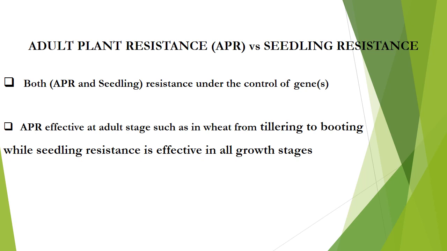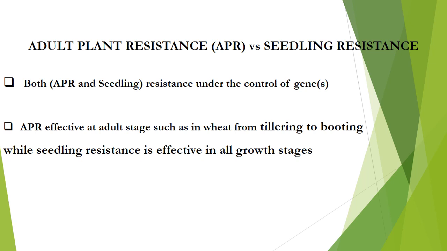Adult plant resistance and seedling resistance are both under the control of genes. But the difference is that the genes responsible for adult plant resistance only express when the plants are adult or mature.